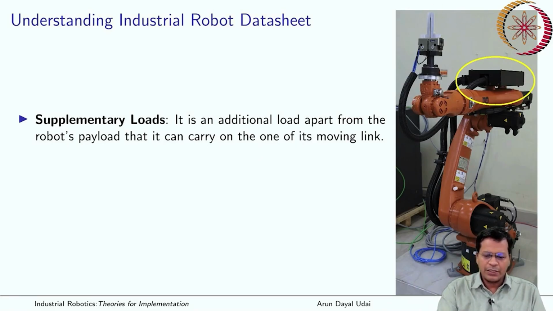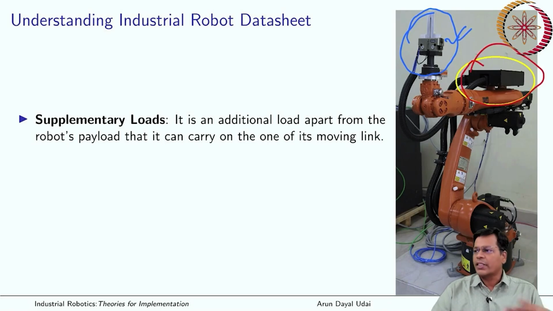This is the gripper, other than the payload. Obviously, the payload is apart from this. So this is the load which is already there on the robot. This is an additional load which can be mounted on one of the links.